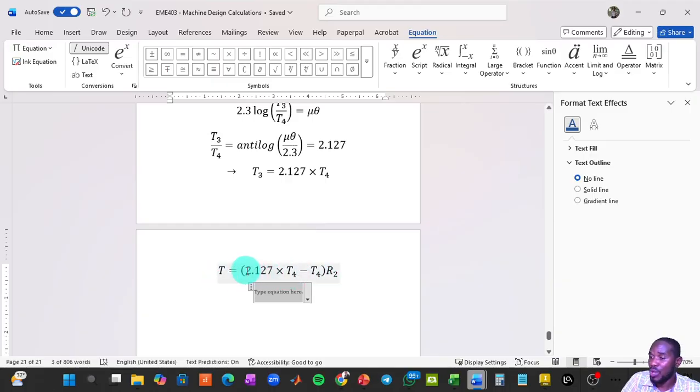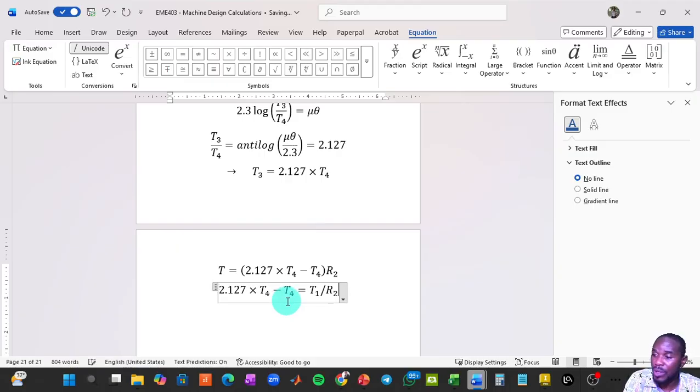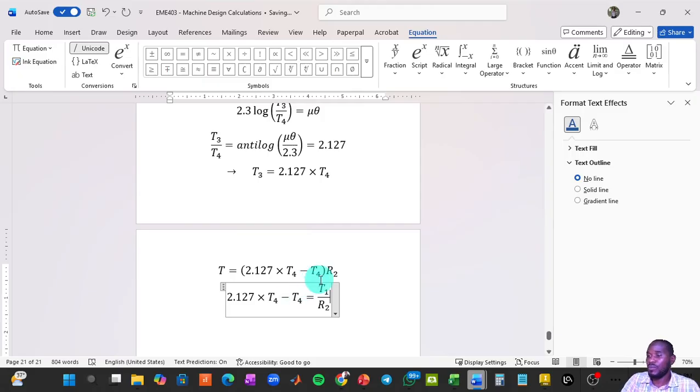So by this, maybe just for the sake of this, if we divide both sides by R2, since I'm taking this step by step, let's do that without jumping steps. That means that this guy is the same thing as the torque divided by R2. Okay, from here, divide both sides by R2, right? And this minus this will give us 1.127 T4. Okay, I hope you are all following me.